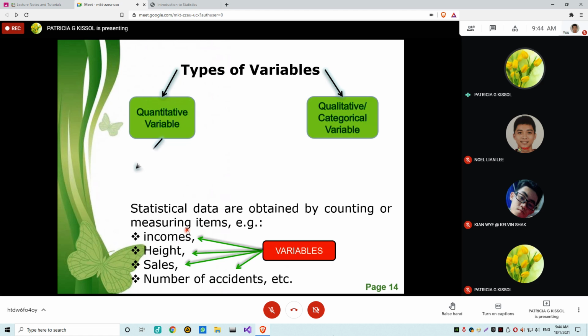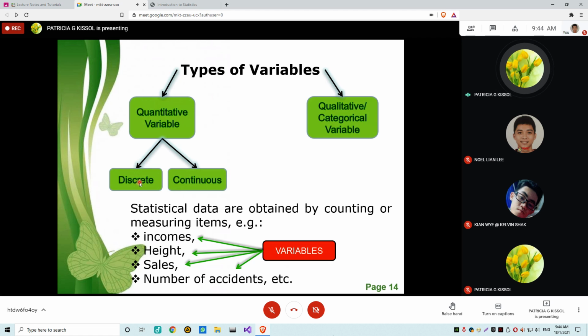Before I go to qualitative, let me explain quantitative first. The quantitative are divided into two more, which are discrete and continuous. What is the difference? Discrete data concerns values that are fixed, in the sense that there are no decimal places when you categorize the value.